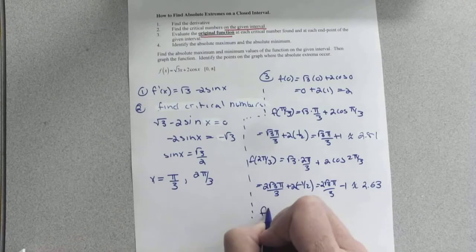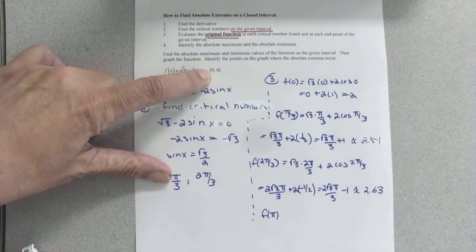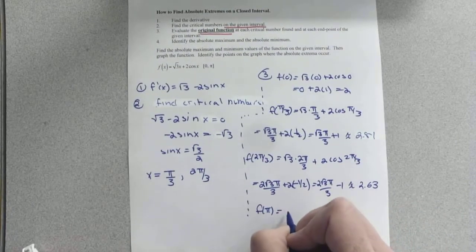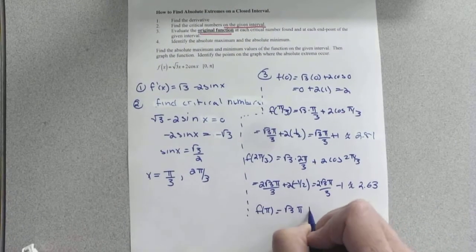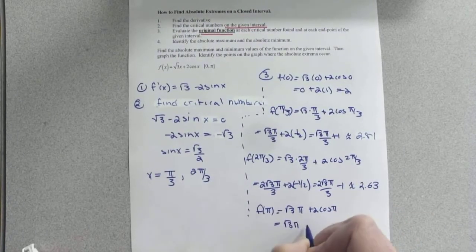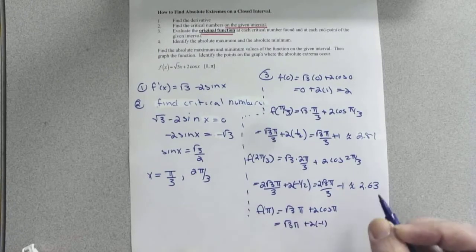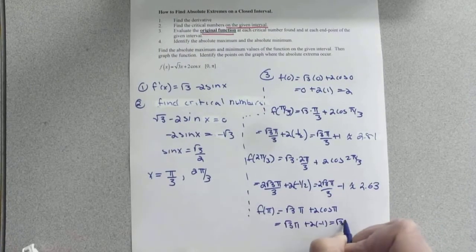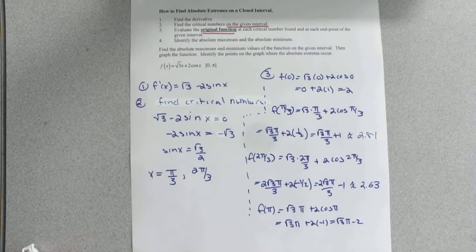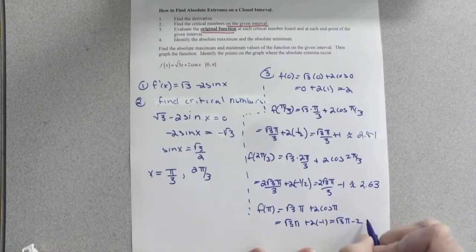And then lastly, f of pi, the endpoint there. That's going to be square root of 3 pi plus 2 times cosine of pi, which would be square root of 3 pi plus 2 times negative 1. So square root of 3 pi minus 2, approximately equal to 3.44.